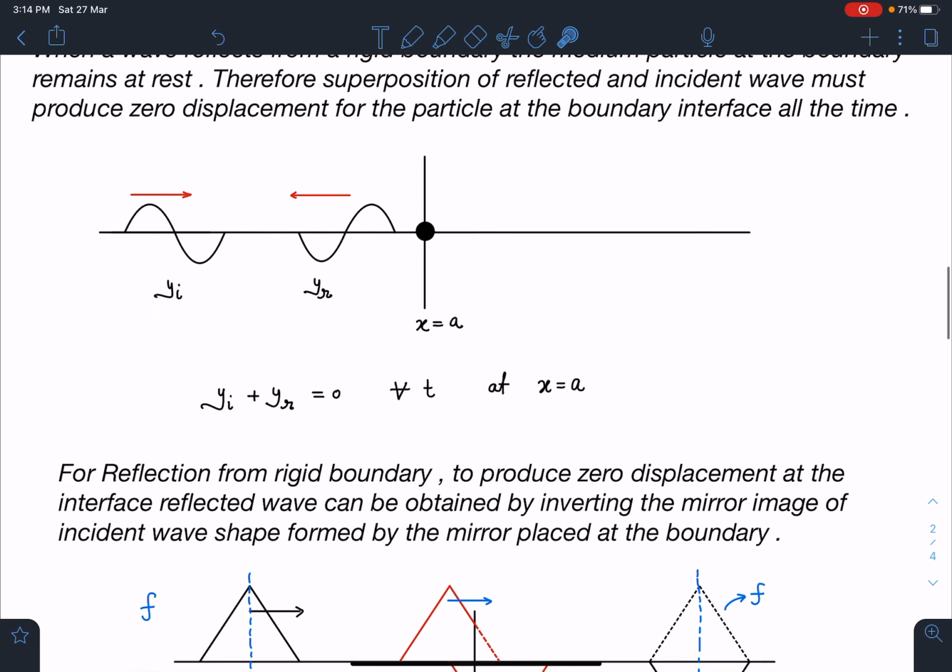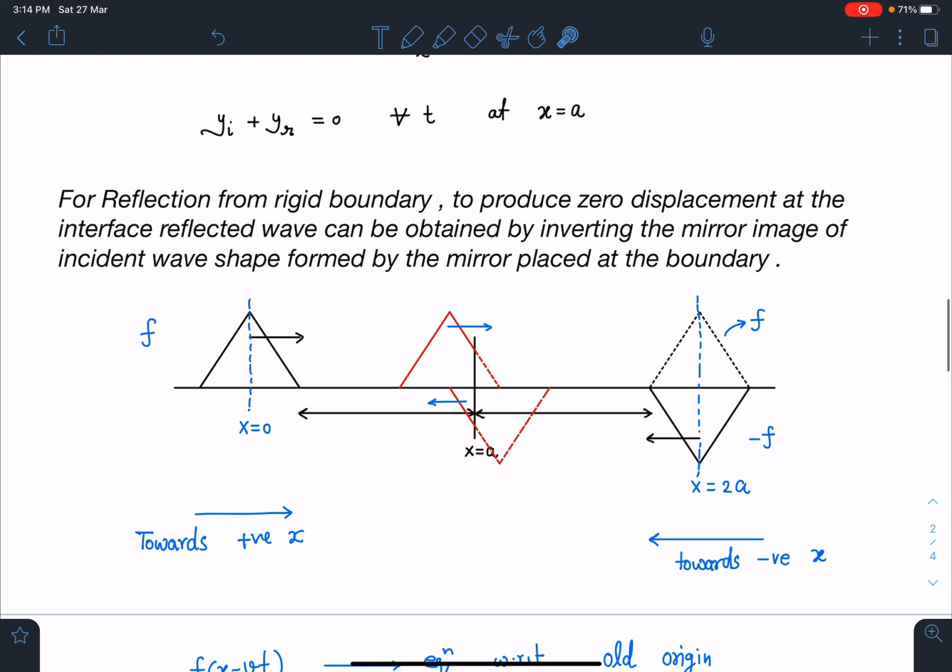Now, for reflection from a rigid boundary to produce zero displacement at the interface, the reflected wave can be obtained by inverting the mirror image of the incident wave shape formed by a mirror placed at the boundary. What exactly they are trying to say is, when this incident wave reaches the medium boundary at x equal to a, whatever part went inside this medium, the same must come out in the inverted shape.